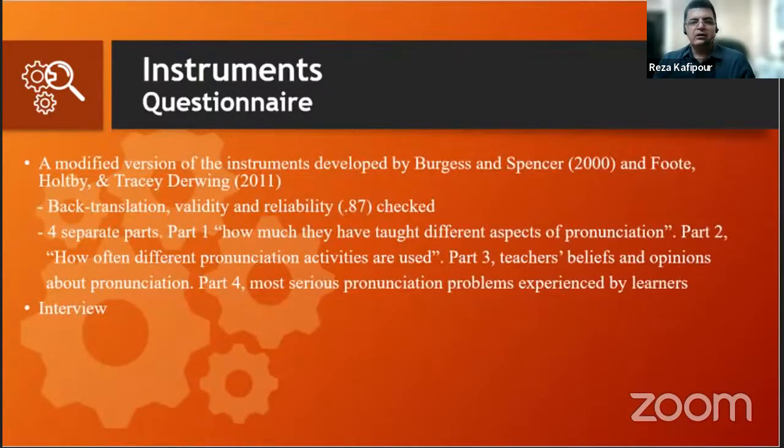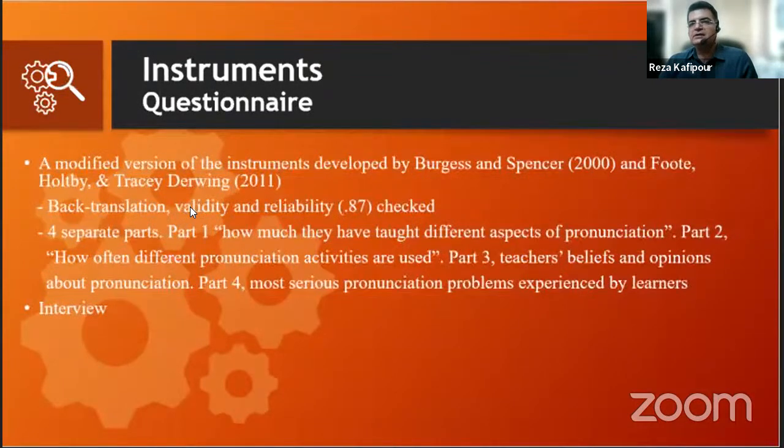To collect data, as I told you before, we used a questionnaire in the quantitative phase of the study. A modified version of the instrument developed by a group of researchers was used, and back translation was applied in order to check the validity of the questionnaire.